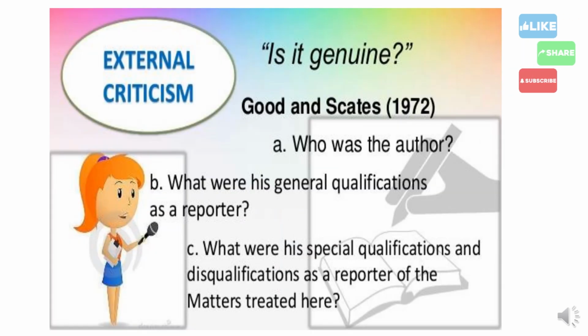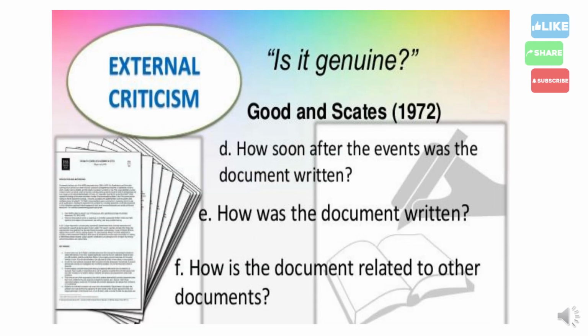So for external criticism, the question arises: is it genuine? Who was the author, what were his general qualifications as a reporter, and what were his special qualifications and disqualifications as a reporter of the related matters treated here? These are the external criticism.